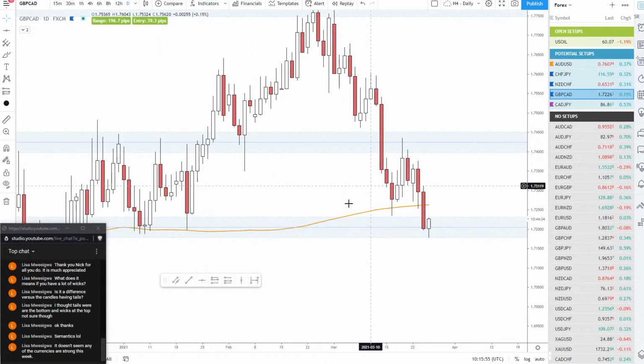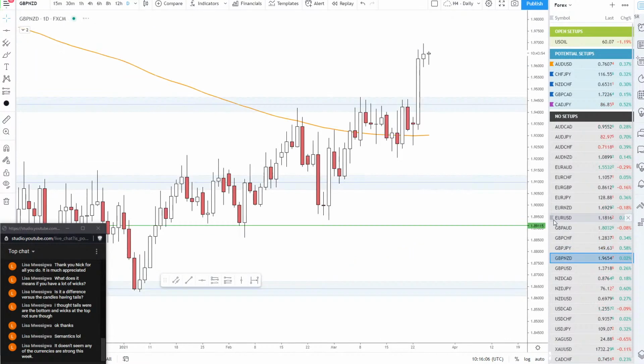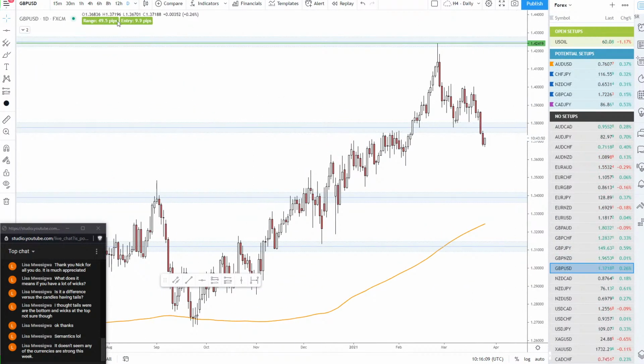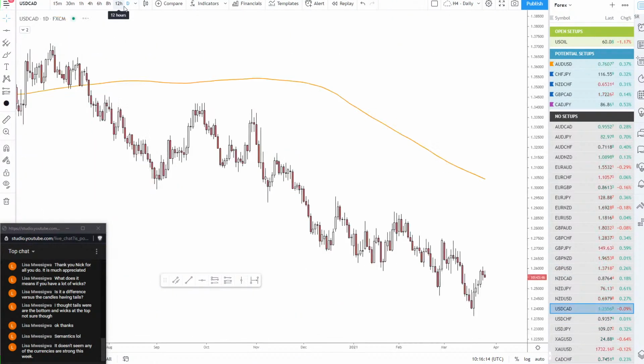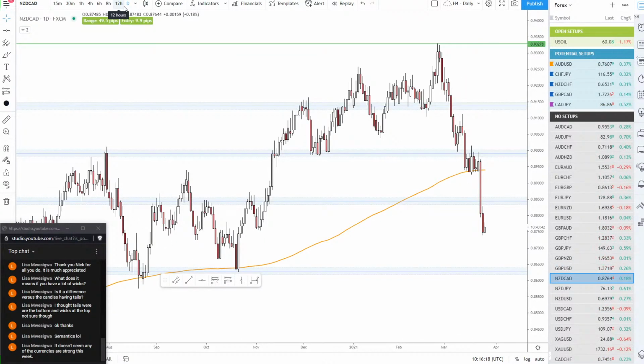I'm going to stick to the daily, just going to wait for a daily indecision candle to form, and might be a long trade here tomorrow, maybe. I feel like New Zealand went crazy, but that's pretty much it.